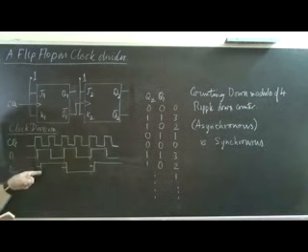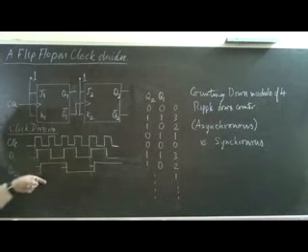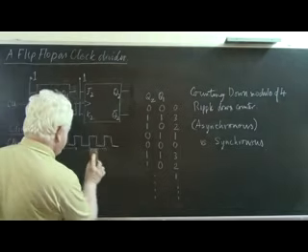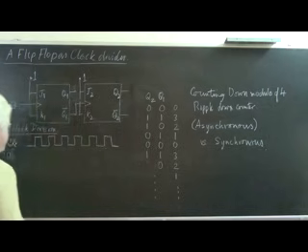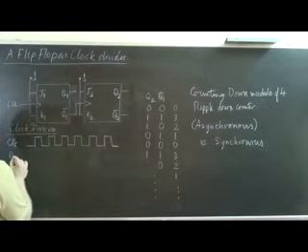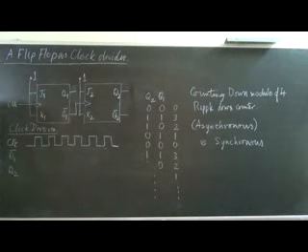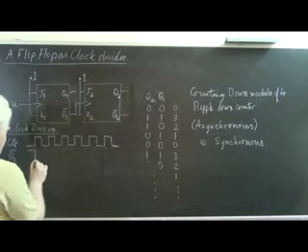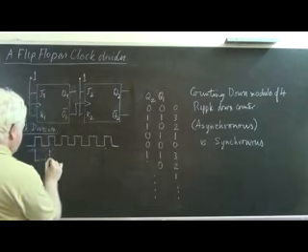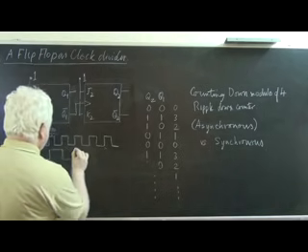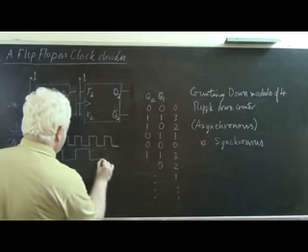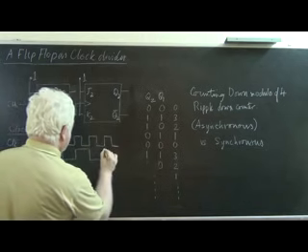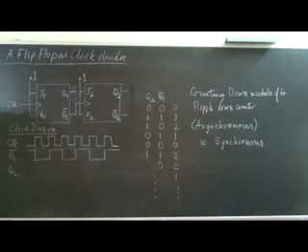So now I will ignore this phenomenon just to simplify matters and draw the waveforms as I had done earlier. Let me draw Q1 bar first. I had drawn Q1 earlier, so I will just draw Q1 bar as the complement of Q1. Q2 bar similarly would just be the complement of Q2.